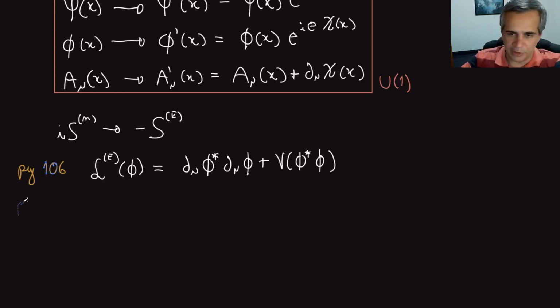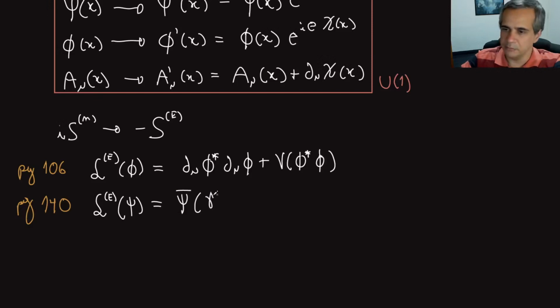If you look at page 140, then you have this for the fermions, for the kinetic part, actually: psi bar gamma mu del mu plus m psi.